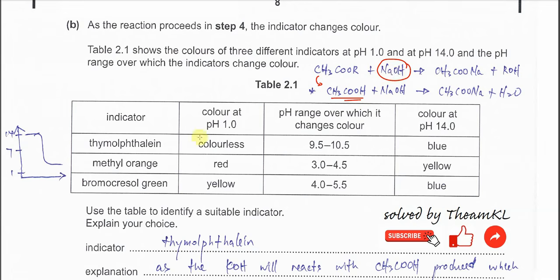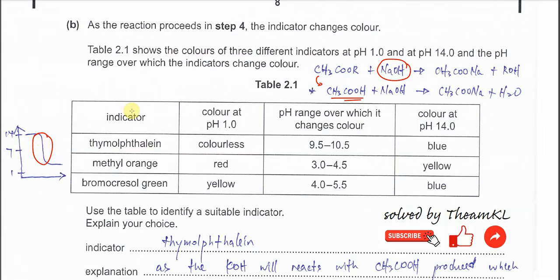So the suitable indicator must be within the pH change. Since the pH change is around 14 to 7 or lower, and a weak acid is produced, this is a reaction between a strong base and a weak acid. Like the titration curve you learned in AS, the pH range is here, so we must find a suitable indicator within this pH change.